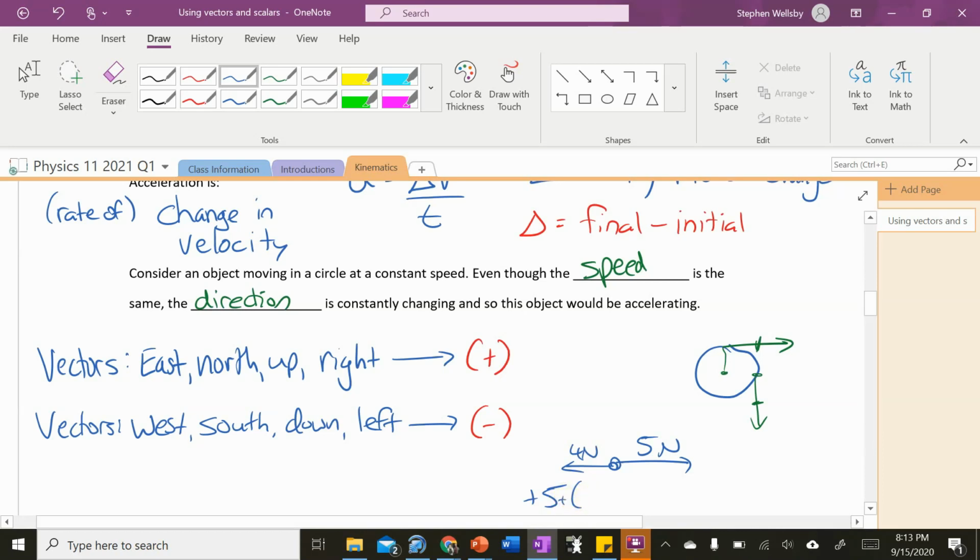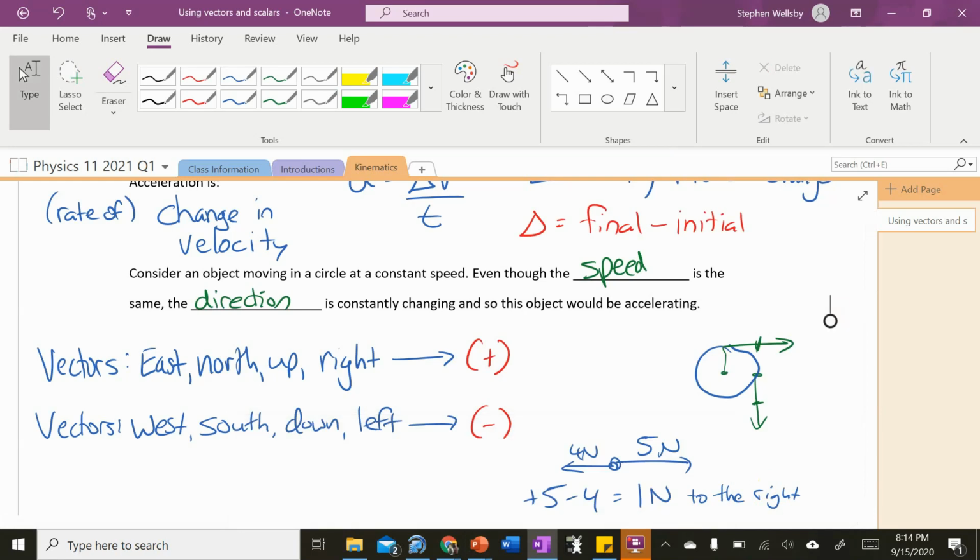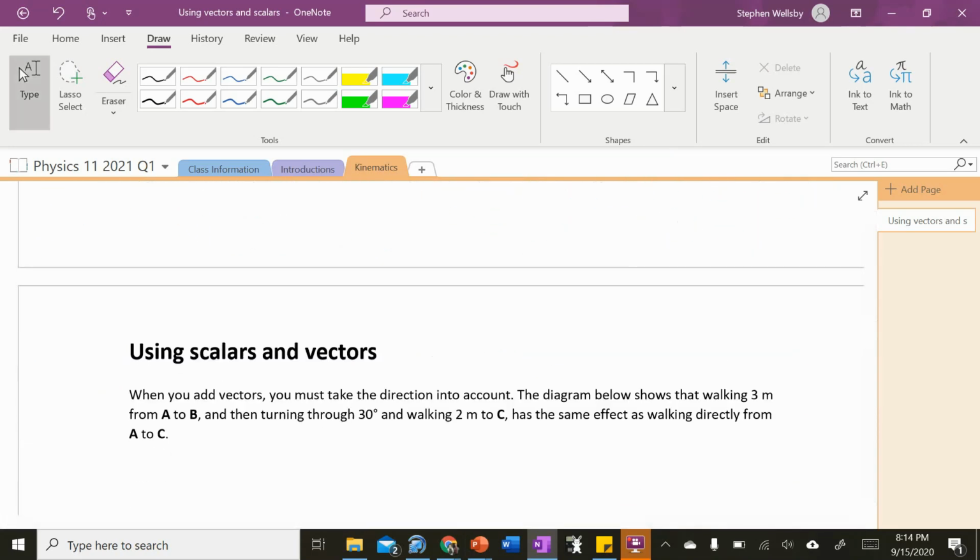But remember, when we're adding left newtons, we call these negative. So we would say we're adding negative 4 newtons, or we could simplify that and say we're subtracting 4 newtons. So I have plus 5 minus 4, and this is going to equal 1 newton to the right. That's going to be the overall force. And because I kept this idea of positives being to the right and forces to the left being negative, this takes care of all my math for me. Okay, hopefully that's okay.